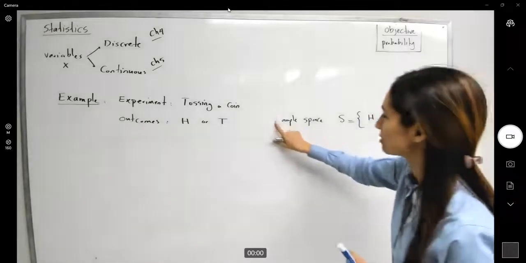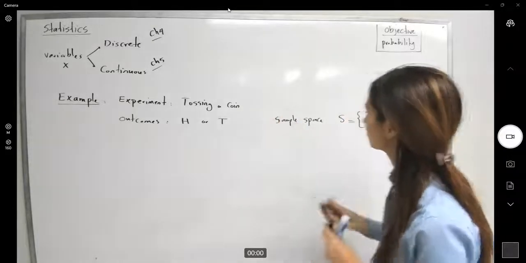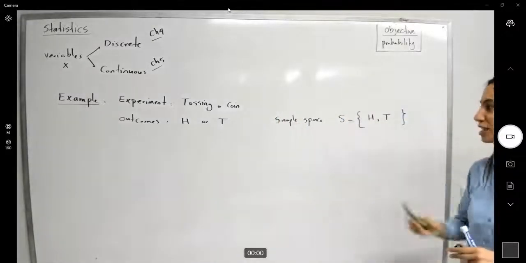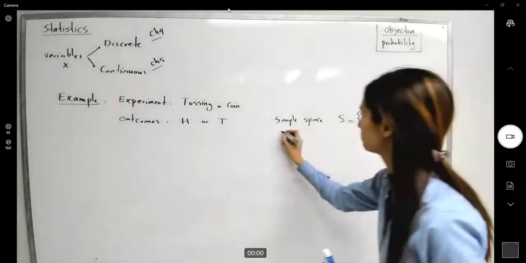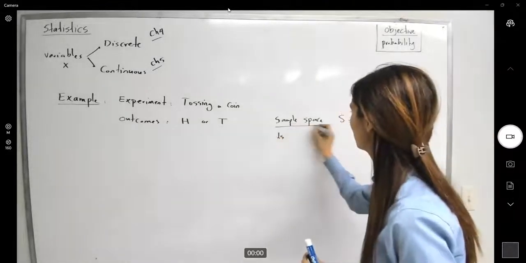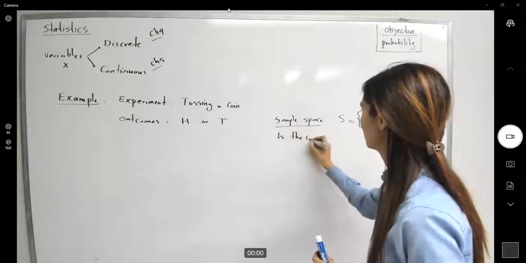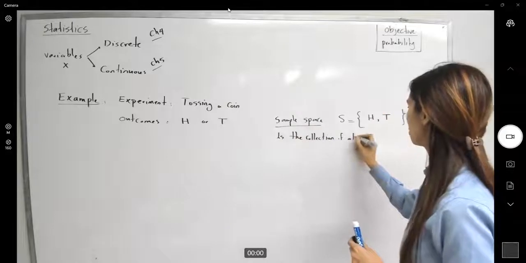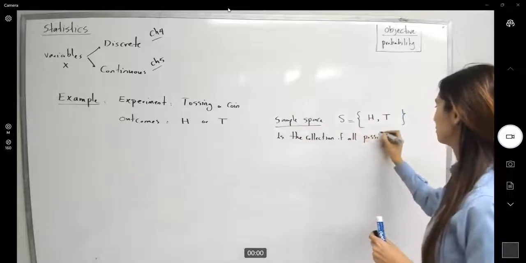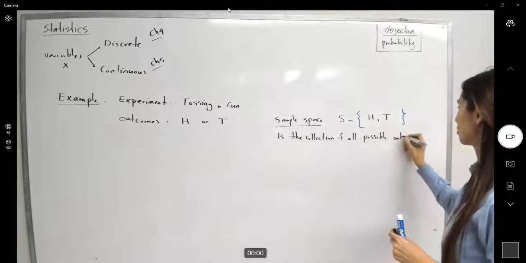So sample space, a new terminology, is the collection of all possible outcomes.